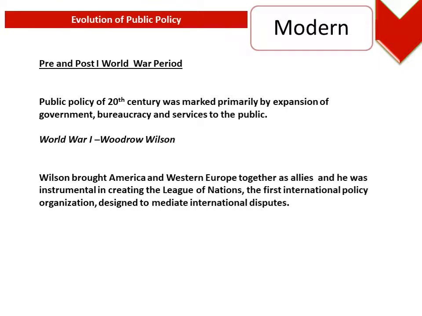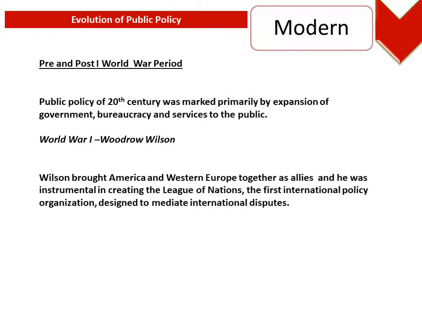Public policy of 20th century was marked primarily by expansion of government, bureaucracy and services to the public. During First World War, Woodrow Wilson acted as a bellwether for this extensive change in American public policy.